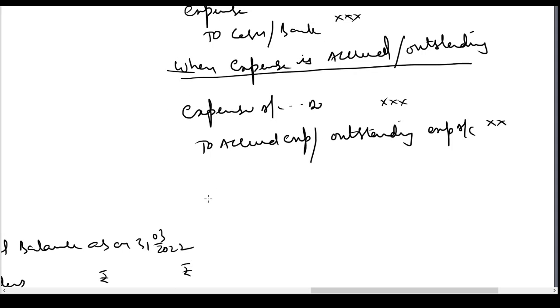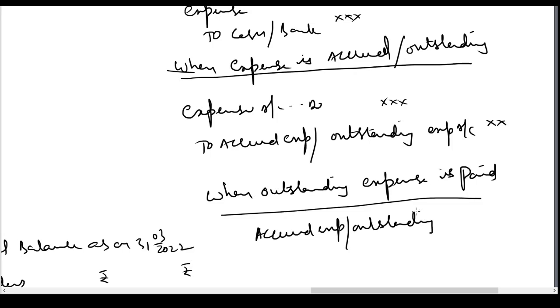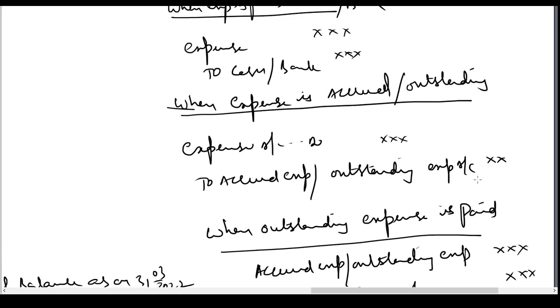Next is when outstanding expense is paid, then we discharge the liability. We write accrued expense or outstanding expense to bank account. So this is the entry we pass to close the outstanding expense account in our books.